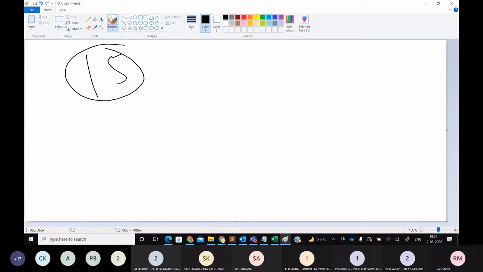How will you write the subnet mask for this? /15. Again the answer: 8 dot, 8 dot.